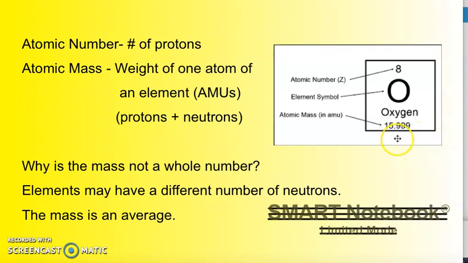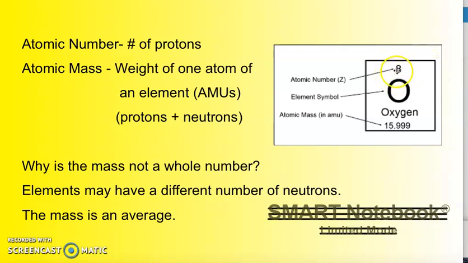This number is an average to represent that sometimes you don't always have 8 neutrons. Every once in a while you'll have 7 neutrons. So the mass is not a whole number because elements may have a different number of neutrons. That mass is an average. So you can take a look at each individual square on a periodic table and find out the number of protons, neutrons, and electrons. In this case, it's 8 protons, and 8 electrons in most cases.